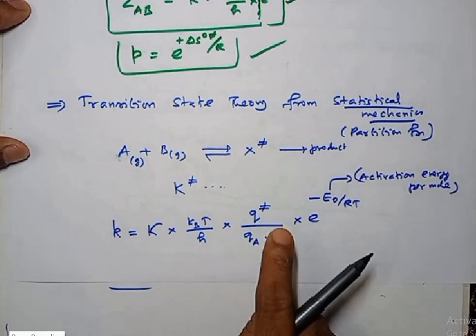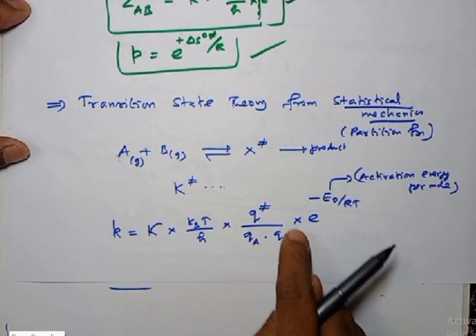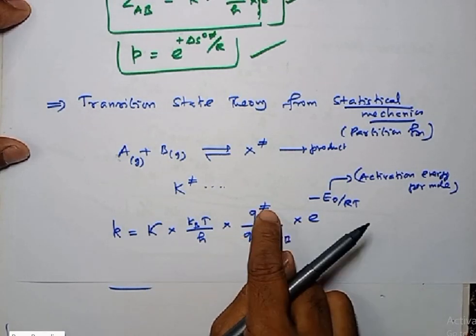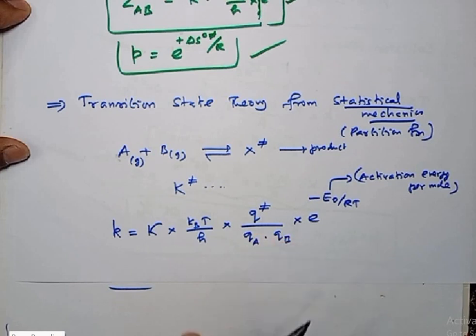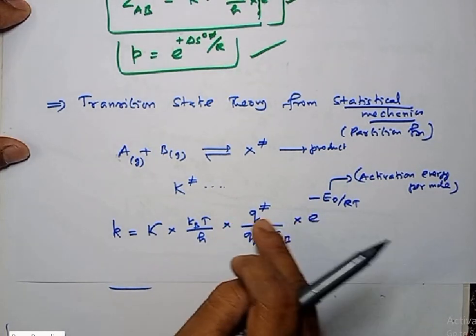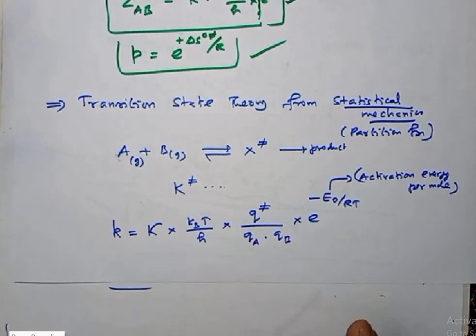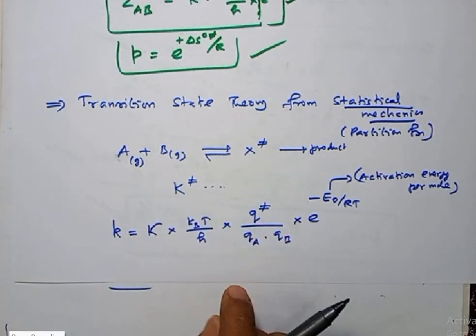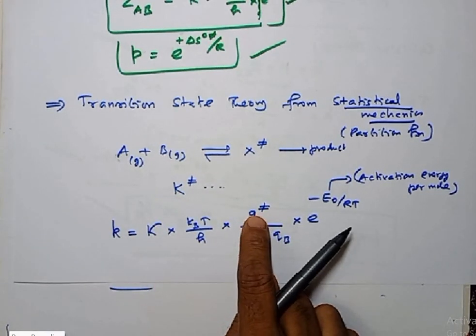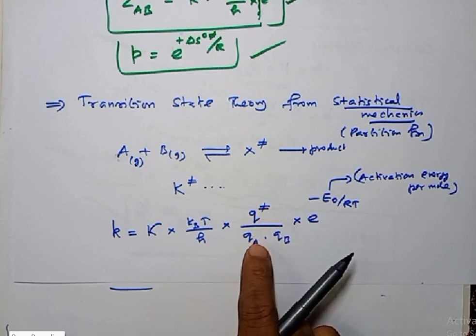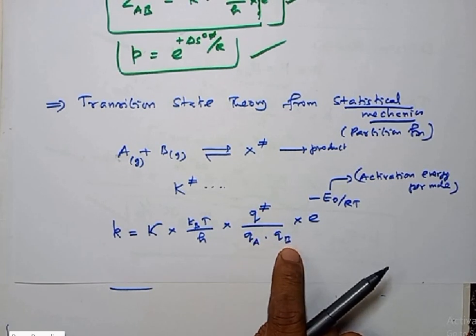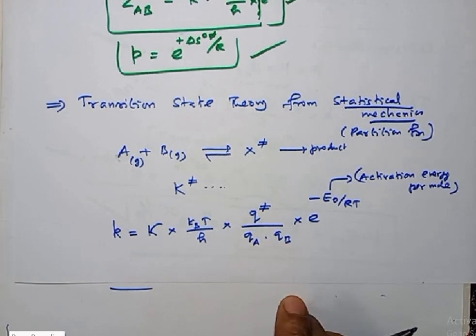Q double dagger, QA, QB are partition functions of the activated complex and the reactant molecules. Q is the total partition function; keep this in mind. Total means translation, rotation, vibration, everything. Q double dagger indicates the partition function for the activated complex, and QA and QB are partition functions of the reactant molecules.